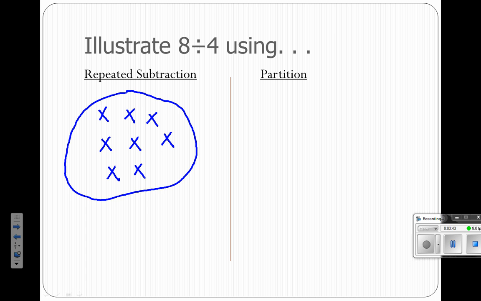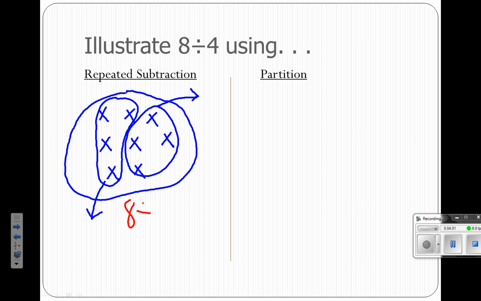Okay, so I'm grouping 4 objects at a time, and I'm going to take them away. You have to have the arrow indicating take away, otherwise it refers to a multiplication model. Okay, I'm going to group the other 4 and take them away. However many objects you take away, or however many groups you take away, which in this case we took away 2 groups, that is your answer.